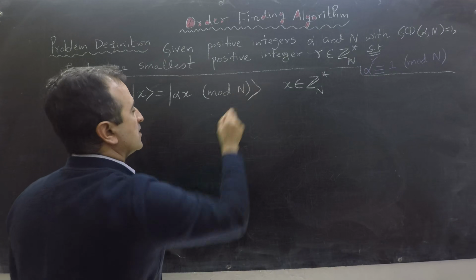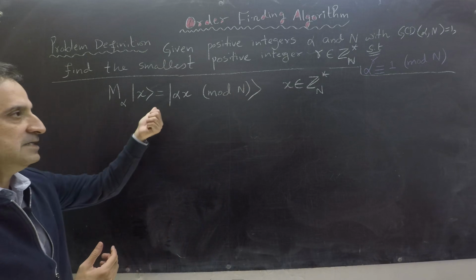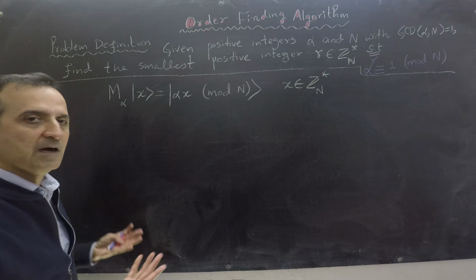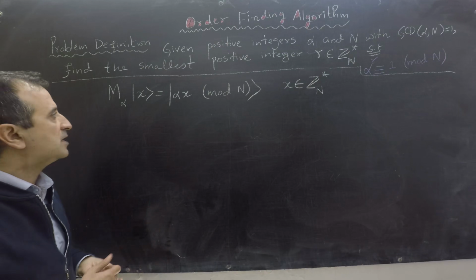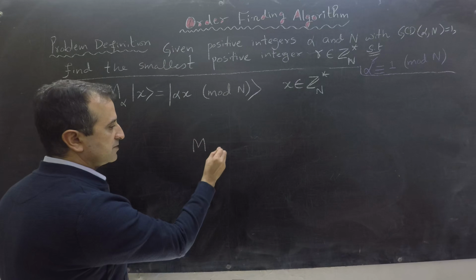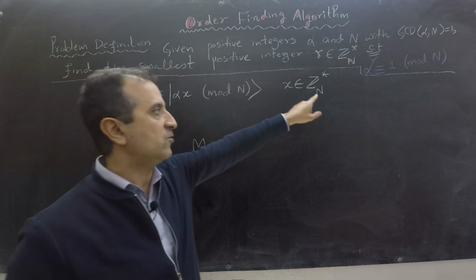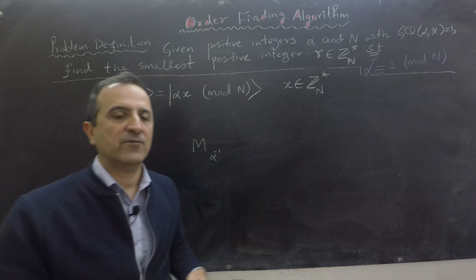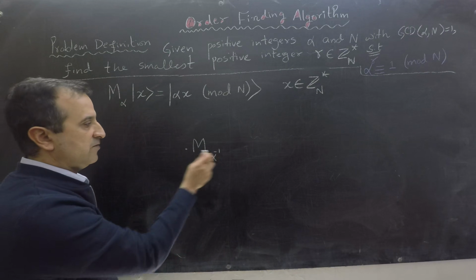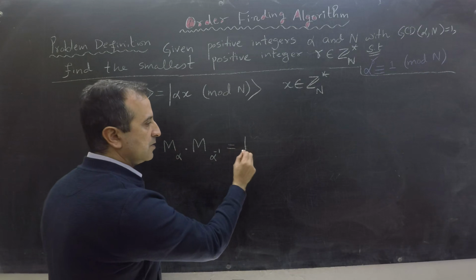So that's our output. You can ask how this is a unitary matrix. This is a unitary matrix because it represents a reversible operation. We can always find a matrix M alpha inverse because alpha belongs to the multiplicative group. So in the multiplicative group we can find the inverse of every element, and when we multiply our matrix M alpha inverse with M alpha, our answer will be equal to identity.